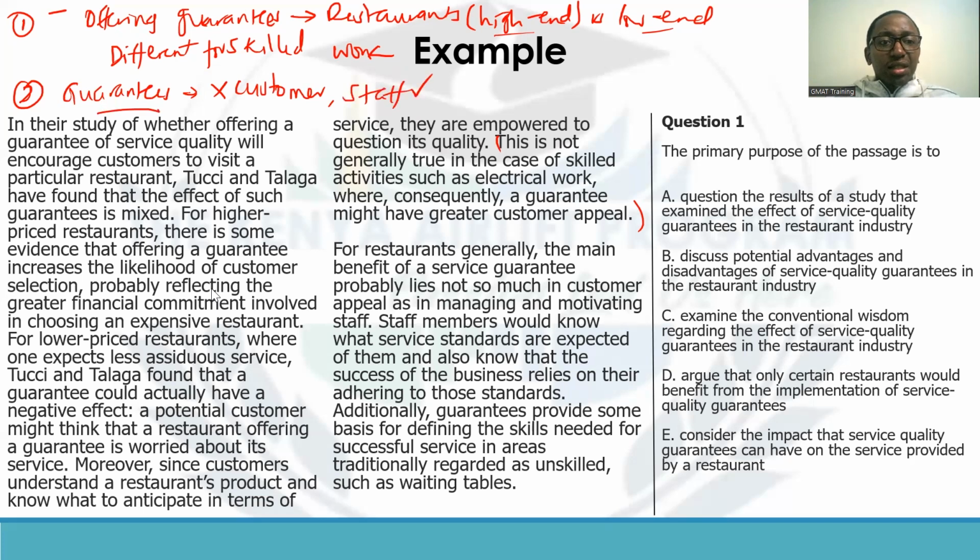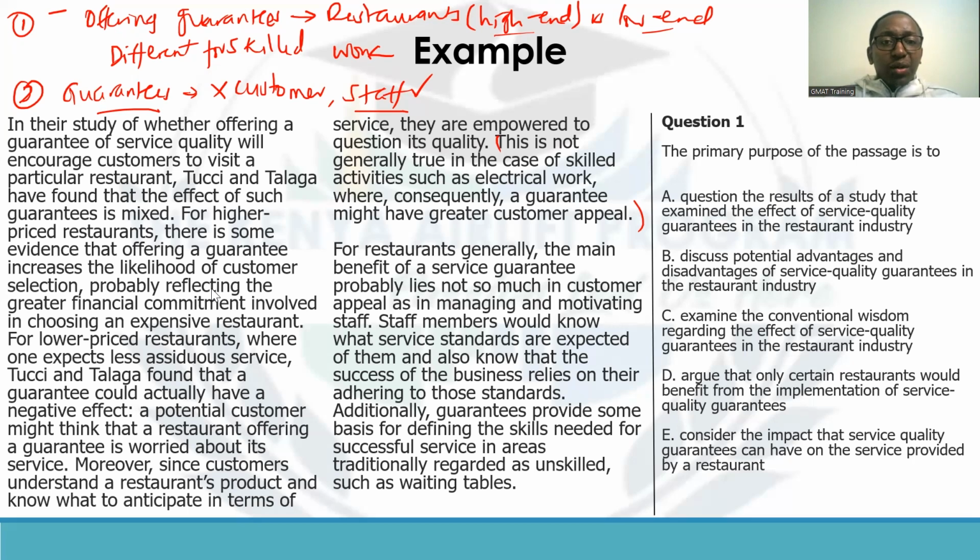Because these guarantees show whatever standards are expected, and the staff should adhere to these standards. Also, because some of the staff in restaurants are waiters, and waiting tables is considered unskilled, the guarantees set some kind of standards that are needed for good service in those restaurants.